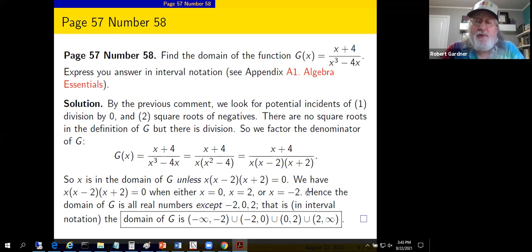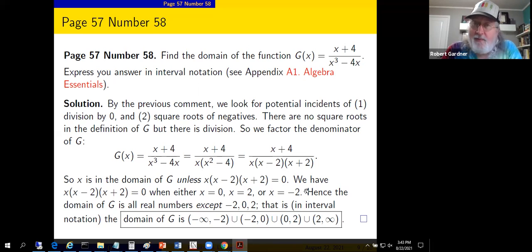Solving each of those expressions, set equal to 0, this was called the zero product property, I think it was, in some of the appendices. But factor, set each factor equal to 0, that'll tell you where that expression is 0, and that's where the problems are. So these are the bad values.